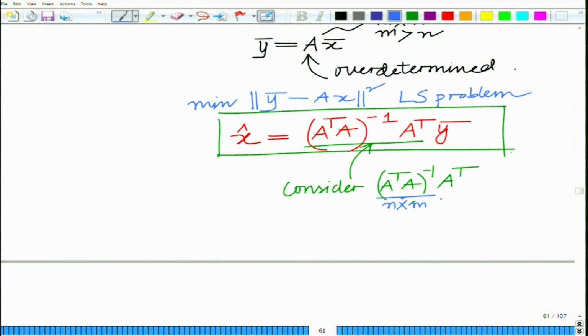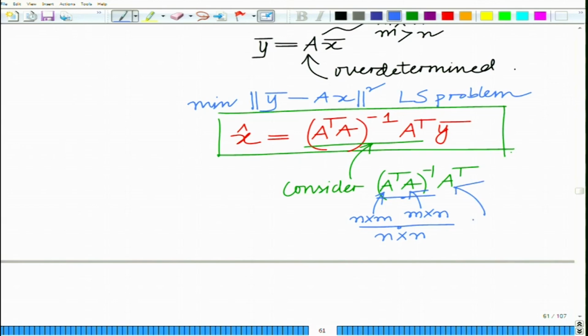A transpose is n cross m, and A is m cross n, so A transpose A is n cross n.